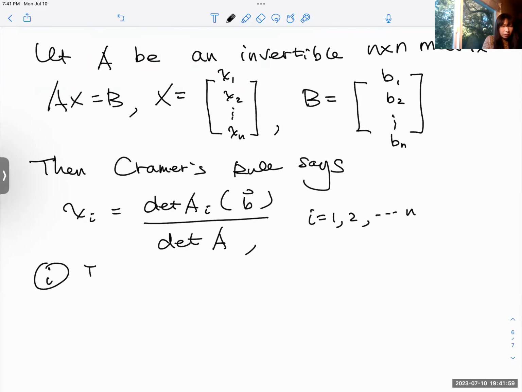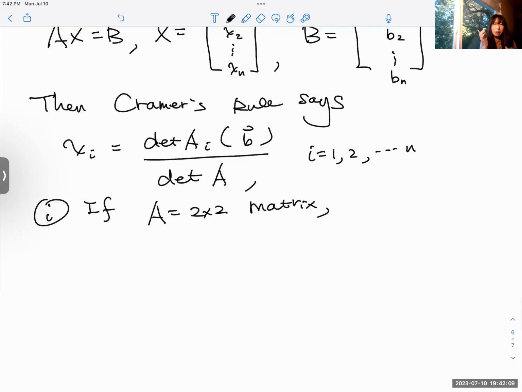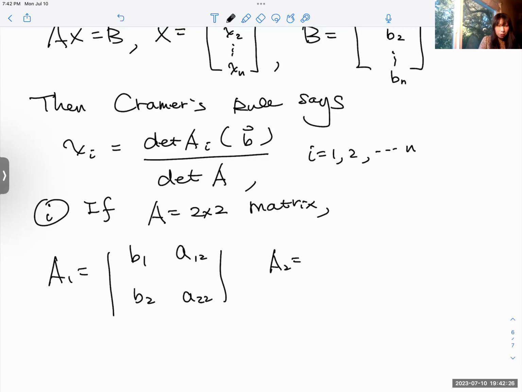Now, if A is a 2 by 2 matrix, we are using the B column matrix in front, and we shift, right? So let me say A sub 1 equals B1, B2, and A12, A22. A sub 2 equals A11, A21, and we shift to B, which is B1, B2.